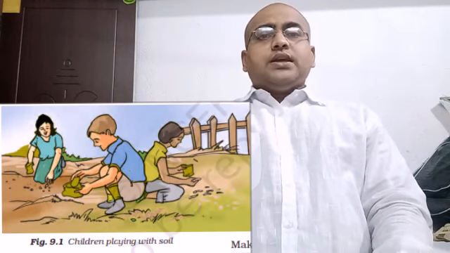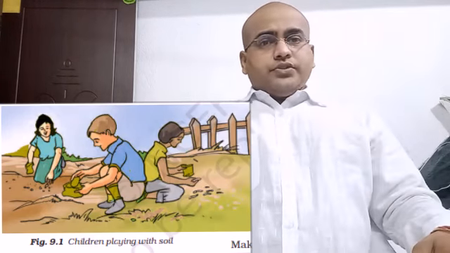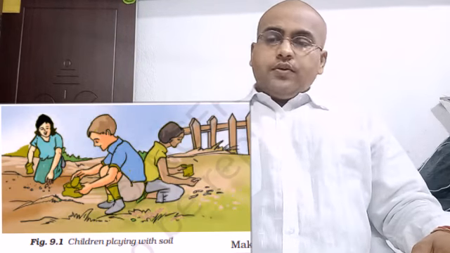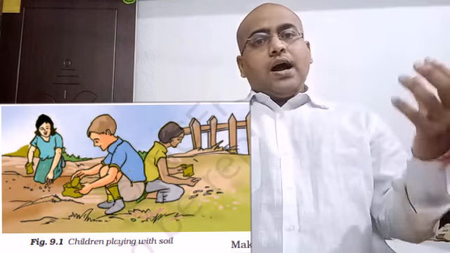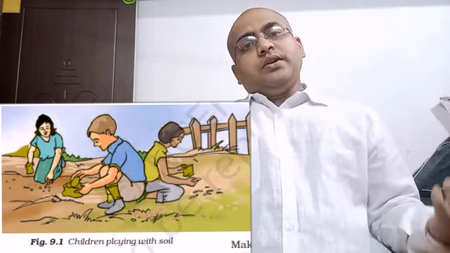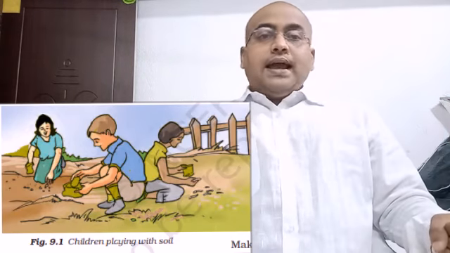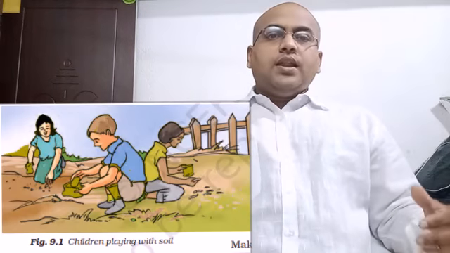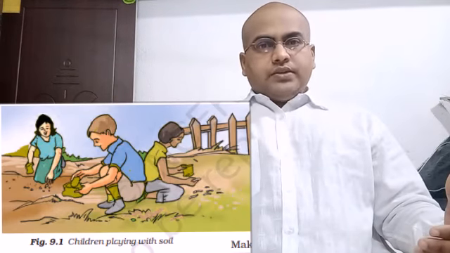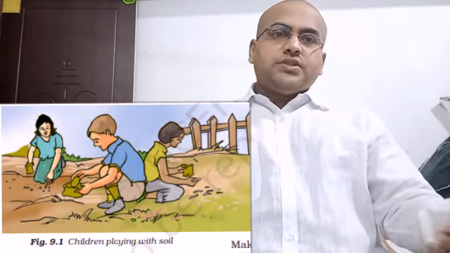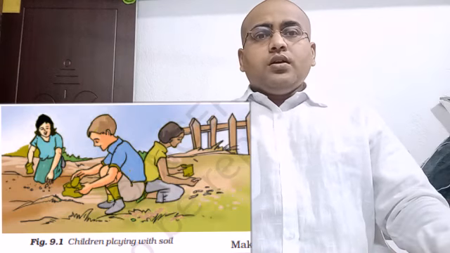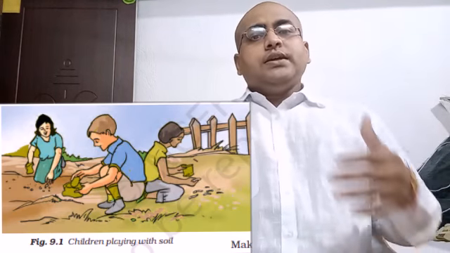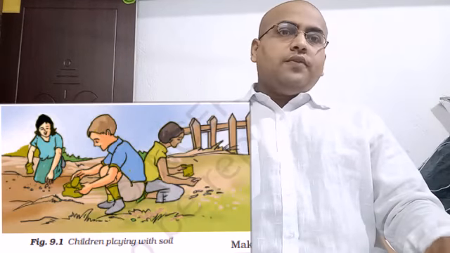The next is absorption of water, that is how much water the soil is able to absorb. And then the moisture in soil, that is how much moisture is present in soil and how we will see that. Through activities we learn about these different properties of soil.